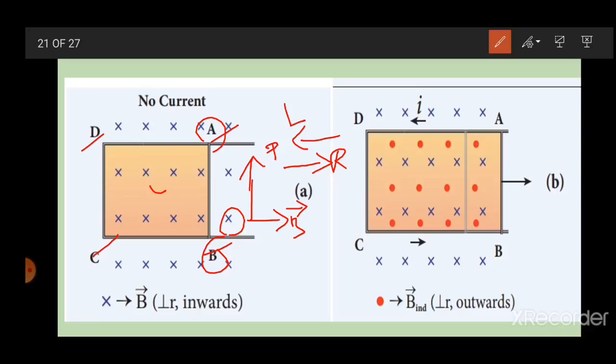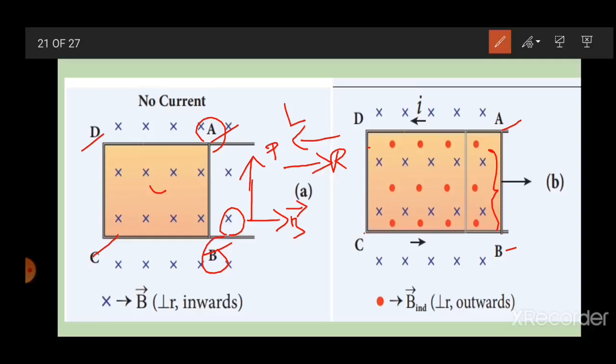the number of magnetic field lines passing through the frame ABCD increases, and a current is induced as suggested by Lenz's law. What is Lenz's law? The induced current produced in a circuit always flows in such a direction as to oppose the change or cause that produces it.